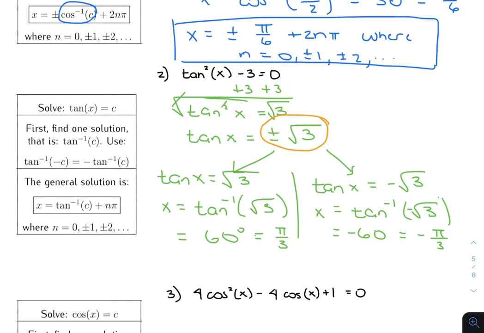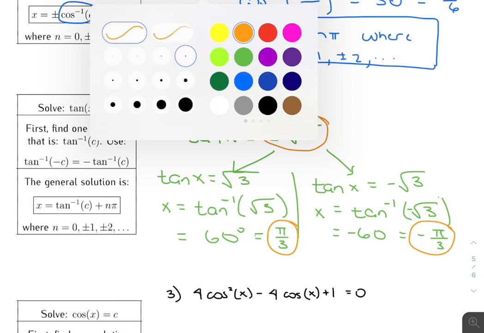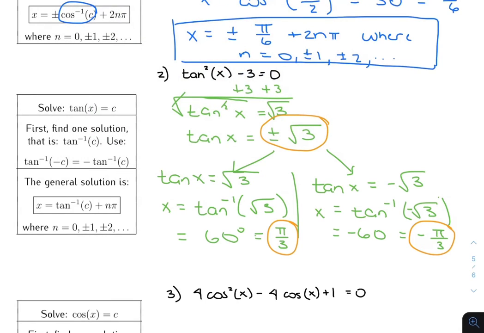So now that we have this, we have both positive and negative solutions. So our final answer can be x equal to both positive and negative pi over 3 plus n pi. And again, where n is equal to 0 plus minus 1, so on and so forth.